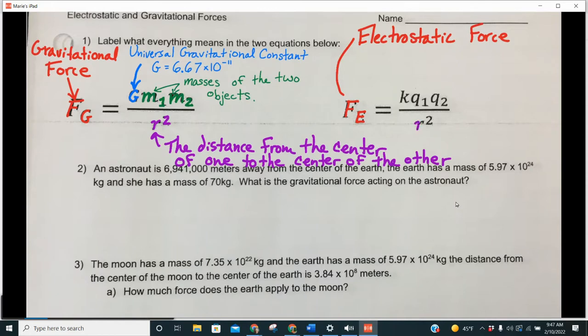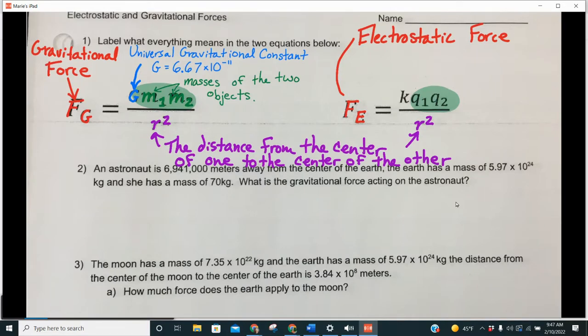And this r squared is the same thing. This is still also the distance between the two things that we're looking at. For the first one, gravitational force, we're looking at the force between two masses. And that's why we have these masses here. For this equation, we're going to look at the force between two charges.